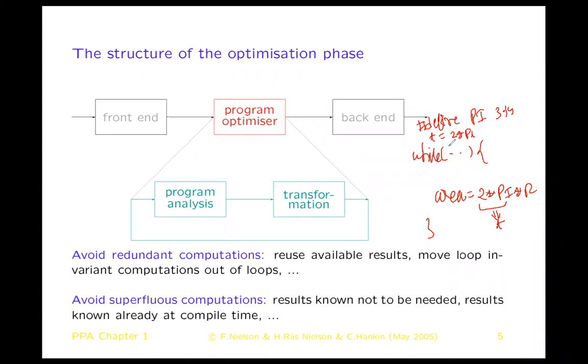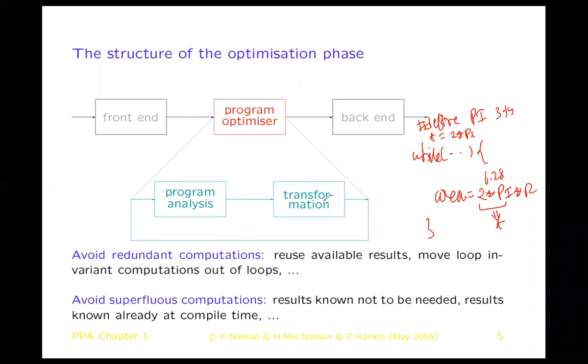Or, since 2 star pi is a constant, instead of putting it in a variable you can replace it with the constant 6.28. This could also be useful in generating good code, because you can keep this constant in some register, instead of moving that value from memory to a register, and generate code which does the computation directly.